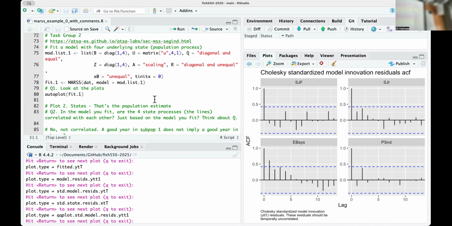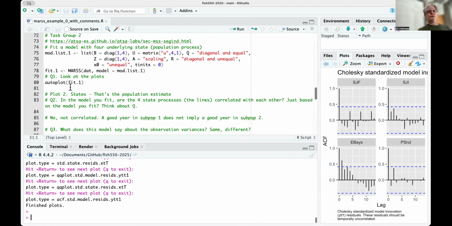We can ask some questions about the structure of that. And you were saying this is testing that there are 4 separate underlying states? Yeah, 4 separate, so they're each doing their own thing. Okay, here's how we change it. Our B is a diagonal with 1 and 4 rows.